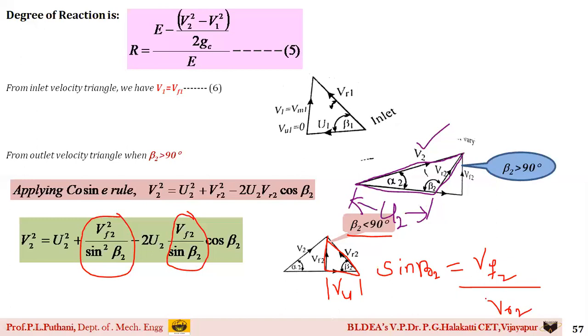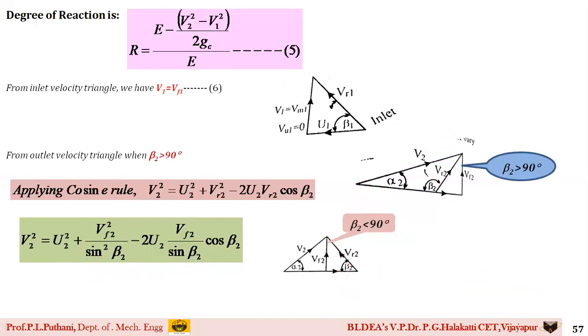So now, what is the value of Vr2? I can write Vr2 is equal to Vf2 by sine beta 2, which I have simplified here directly. Once again, I'm saying, from this particular triangle, sine beta 2 is equal to the opposite side Vf2 by the hypotenuse Vr2.